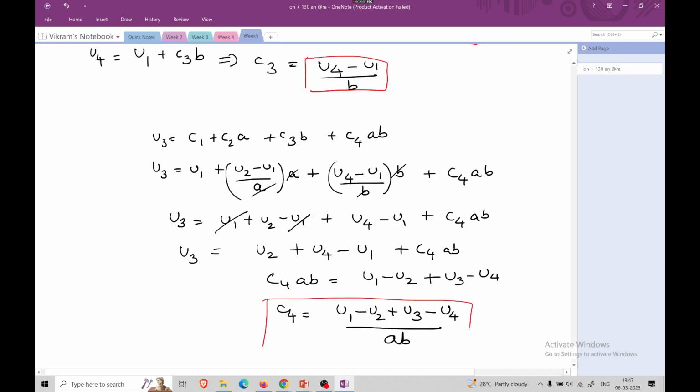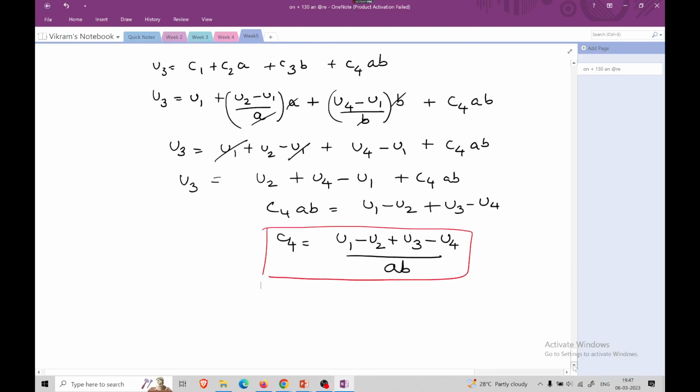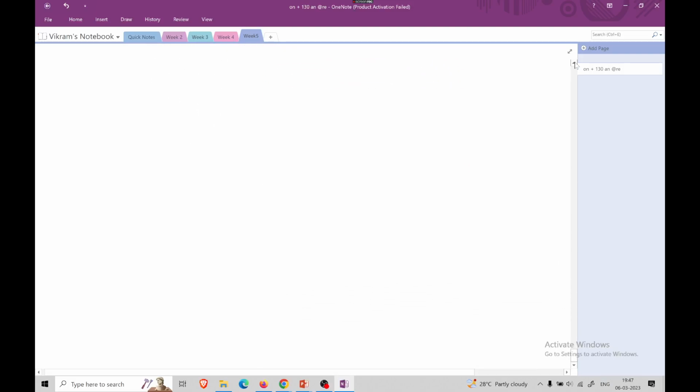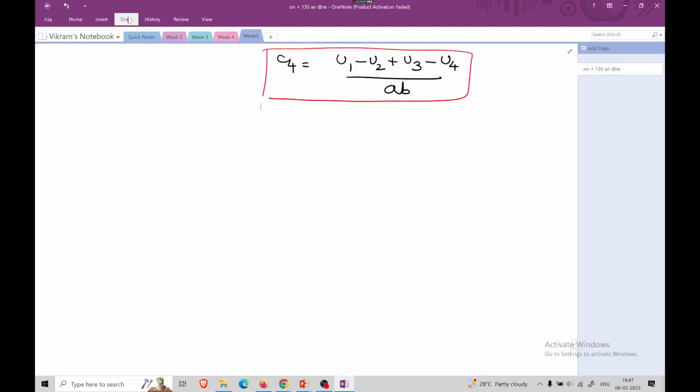I have got all the constants C1, C2, C3, C4. Now I simply have to substitute in the main equation, which is u of x comma y, x bar comma y bar, equal to c1 plus c2 x bar plus c3 y bar plus c4 x bar y bar.